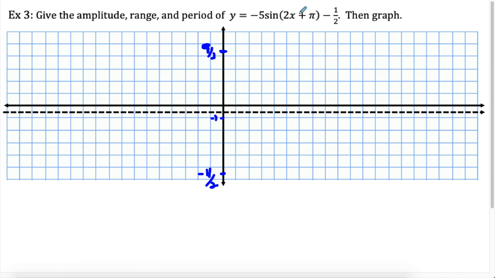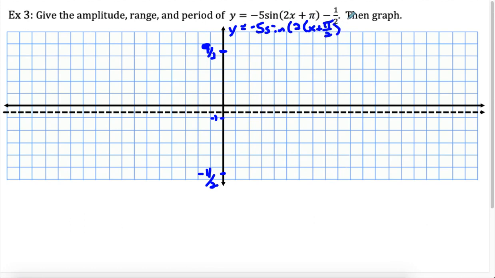Then let's talk about factoring this b value out. If I rewrite this by factoring a 2 out of both of these terms, I can rewrite this as 2 times x plus pi over 2.